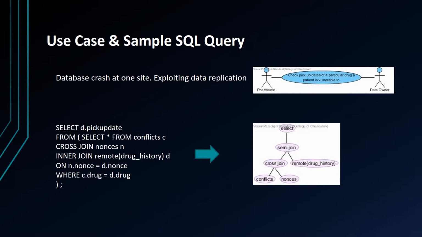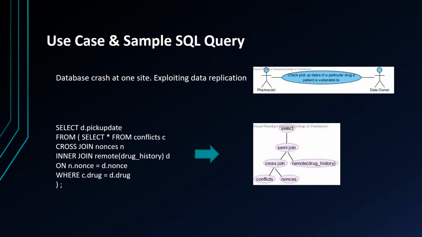He sends out a filter query to the data owner and requests the record which contains the pickup date and the patient information like ID, which here we have specified as nonces.